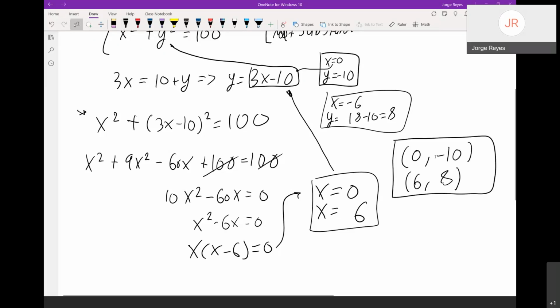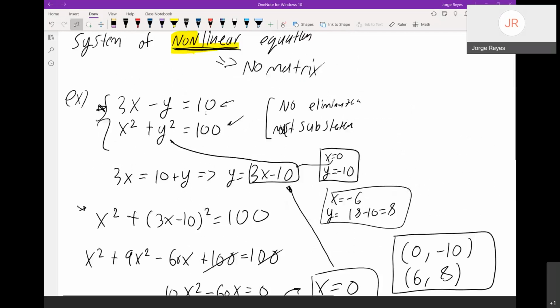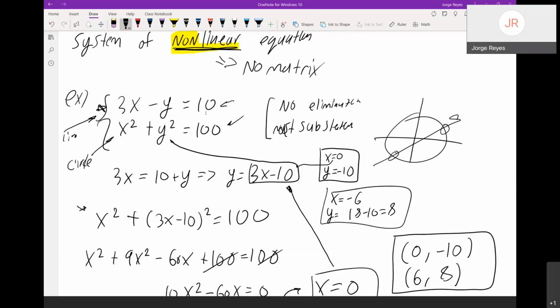These 2 points. And if you think about it, this kind of makes sense, okay? Because this should look familiar to you. That's a circle, right? And that definitely should look familiar to you because that's a line. So basically, the question I'm asking is, where does the line cross the circle?